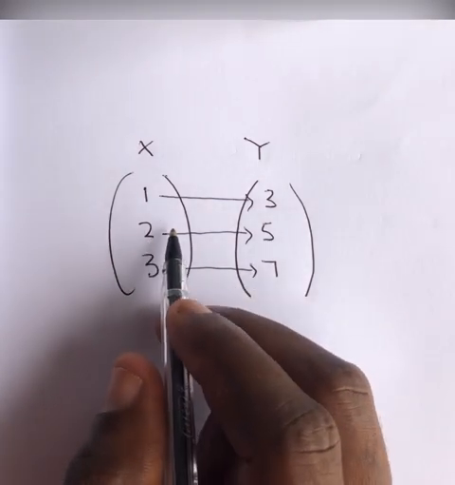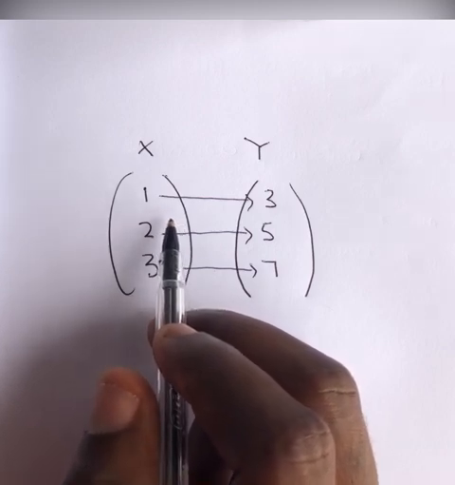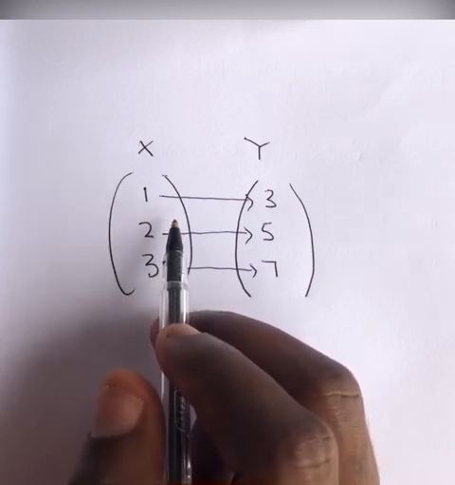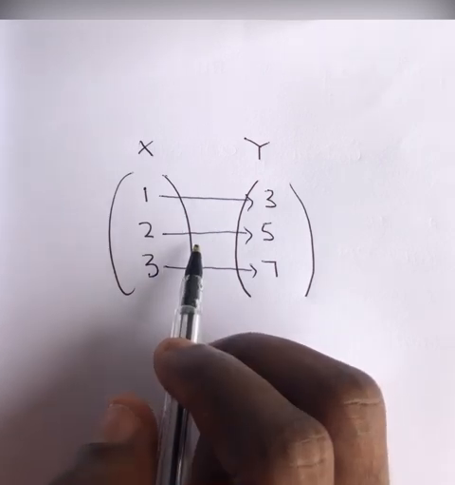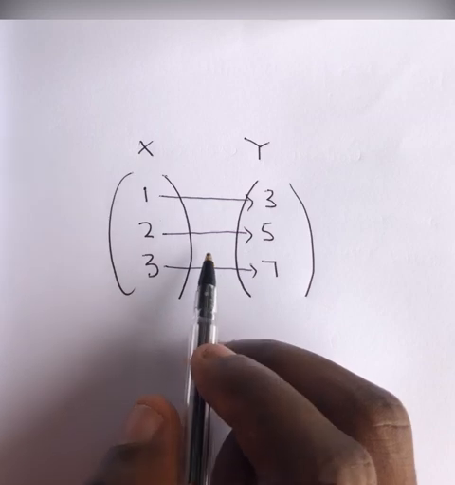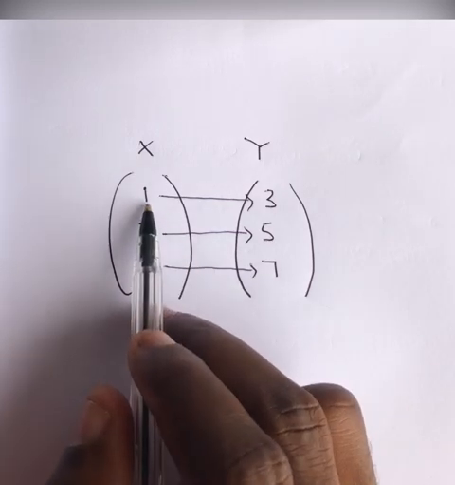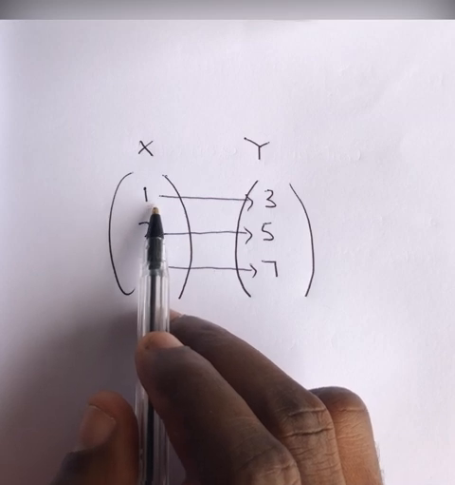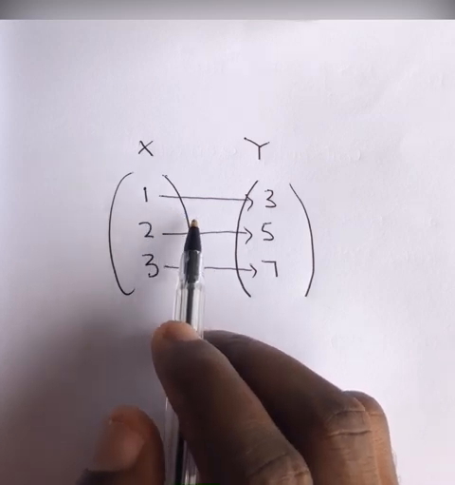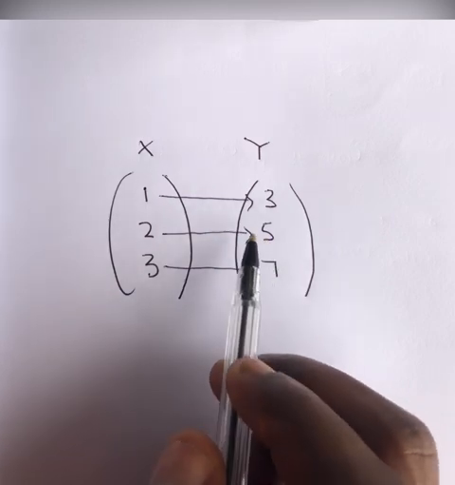Now, per what you have here, and from the definition of a function, we said that it's a relation, and this one is a relation, and it is one-to-one relation, in which each element in the domain maps onto one and only one element in the codomain.